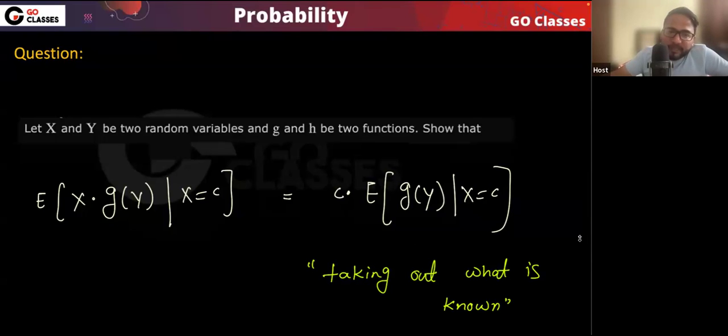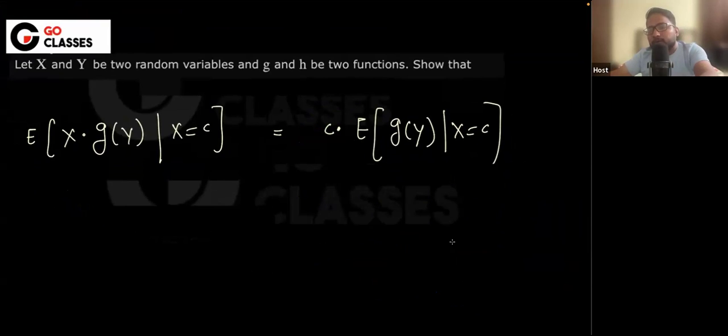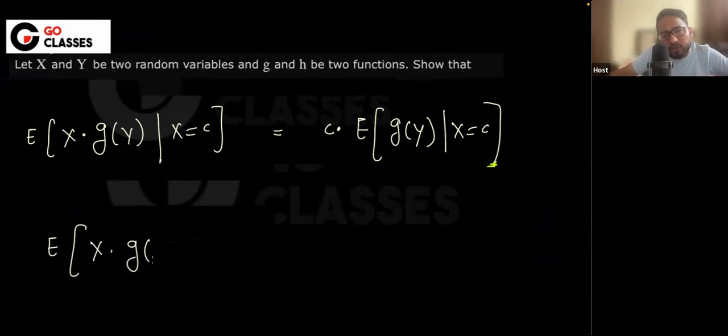Now, if you want to represent this in terms of a function, instead of c, if you want to have the common name, which is just x, then you can write it like this, which is also fine. Which means expectation of x into g(y), given that x value could be anything, you can take this x out.